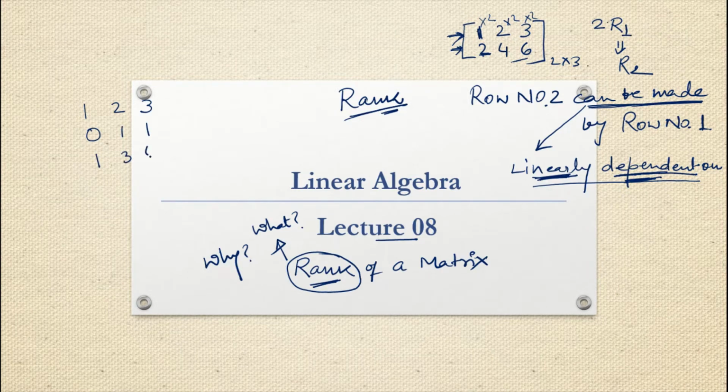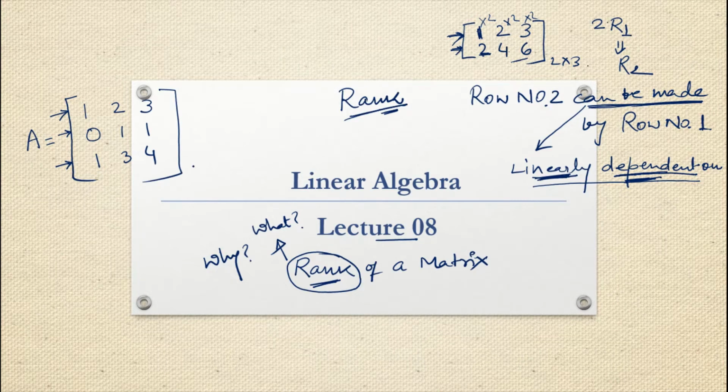So this is one matrix A. Now I have to check whether all these rows are linearly independent. If these three rows are linearly independent, then the rank of the matrix is 3, because each and every row is giving me some distinct information.